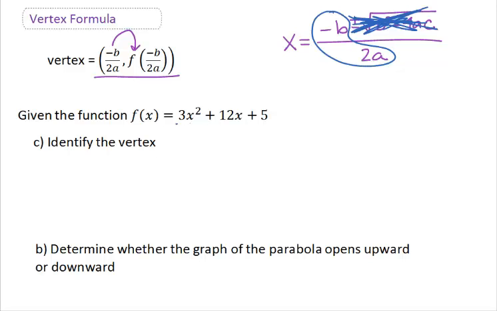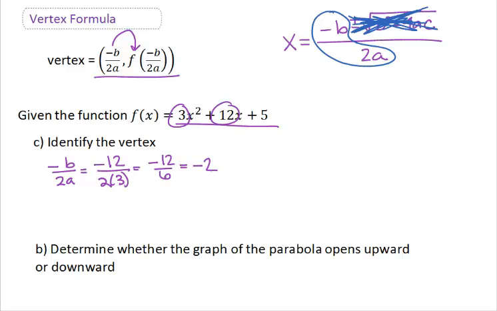So let's do it with this example. And notice this is the same example that I just showed you before. My negative b over 2a. So my b value is 12, over 2 times my a value of 3. Gives me negative 12 divided by 6, which gives me negative 2.